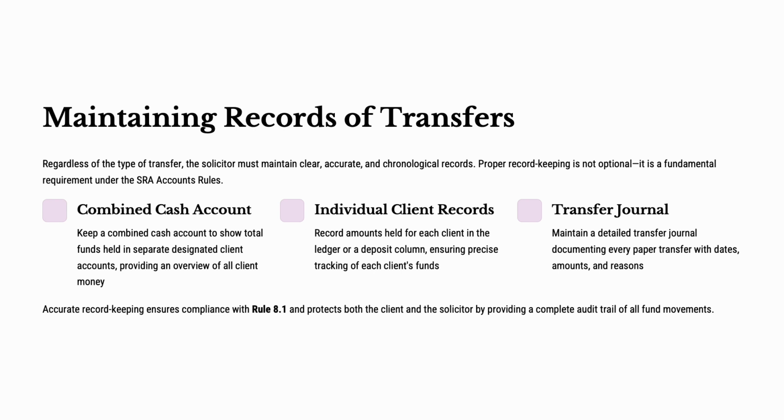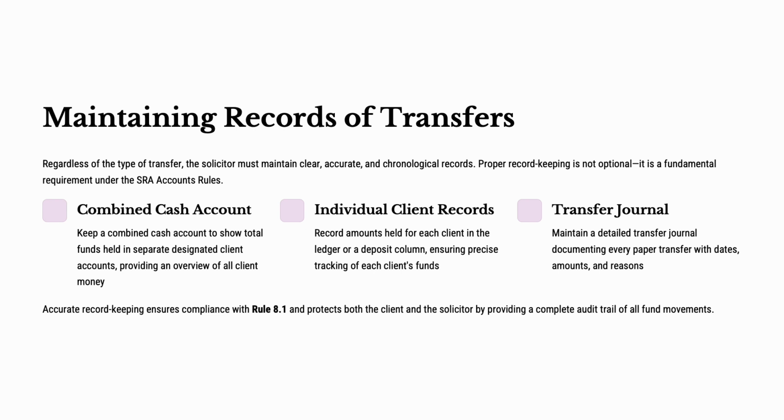Maintaining records of transfers. Record keeping is critical. It's essential. It is obligatory. Every transfer, whether cash or paper, must be accurately recorded with the amount, date, and reason. A combined cash account shows totals in separate designated accounts, and ledgers show the amounts held for each client.